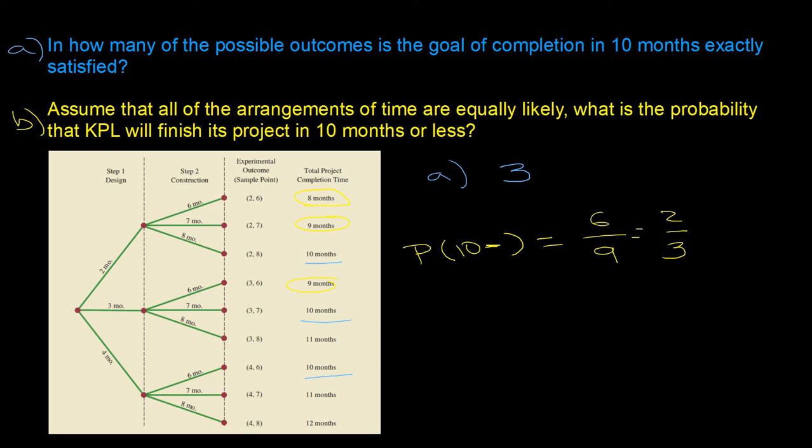So the probability of finishing our project in 10 months or less is something like 0.66, or something like 66% probability. So this is a very interesting problem. It's a little bit more grounded in some real applications, not just dice and coin tosses.